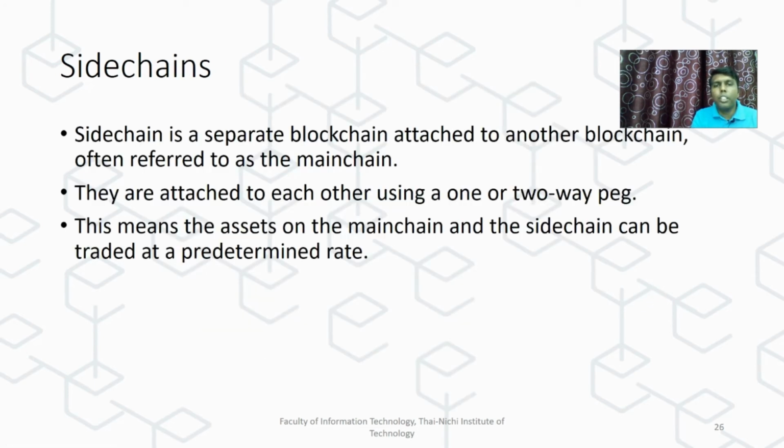So this is the description of the sidechain. It is a separate blockchain attached to another main blockchain, which we call the main chain.